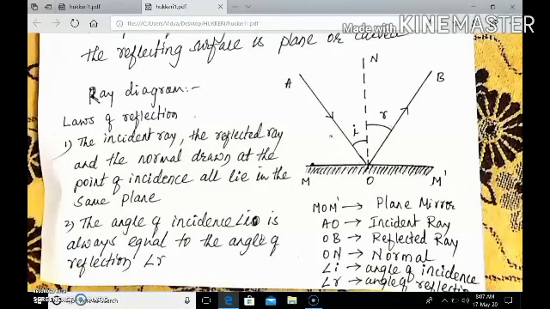In that case, for normal incidence, angle of incidence is 0, angle of reflection is also 0. So whenever the light is incident normally on the mirror, after reflection it retraces its original path but in the opposite direction, which is called the principle of reversibility of light.